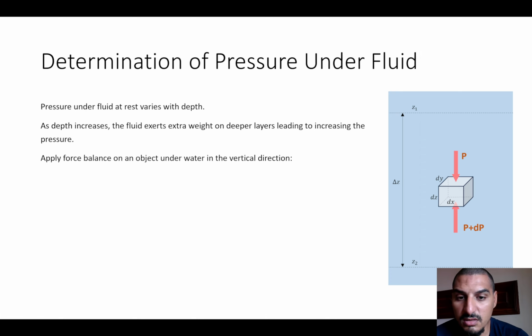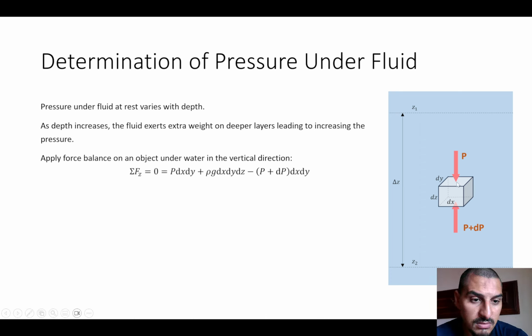The force balance in the z direction is going to be the force due to pressure, which is the pressure times this area, dx dy, and there is also the force due to the mass of this differential volume. So it's rho g times dV, which is dx dy dz.